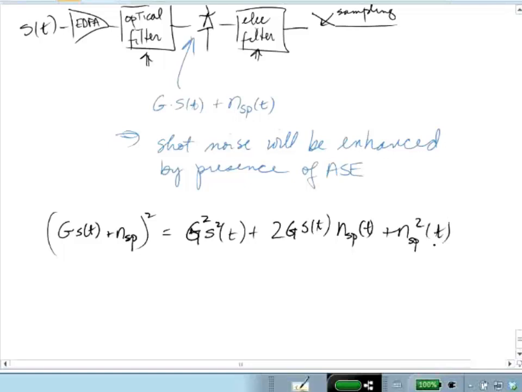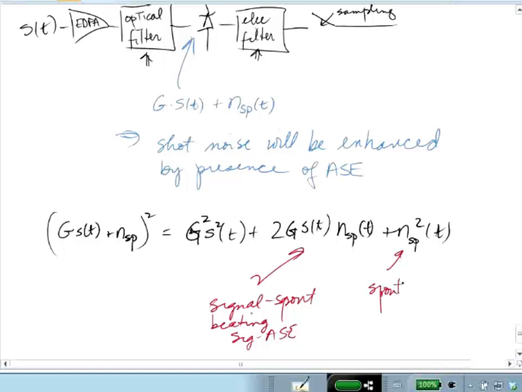Everything that I'm describing today can be seen discussed in the Olsson paper in Appendix A. The vocabulary we use is that this is the signal-spontaneous beating, or the signal-ASE beating, and this is the spontaneous-spontaneous beating term, or the ASE beating term.